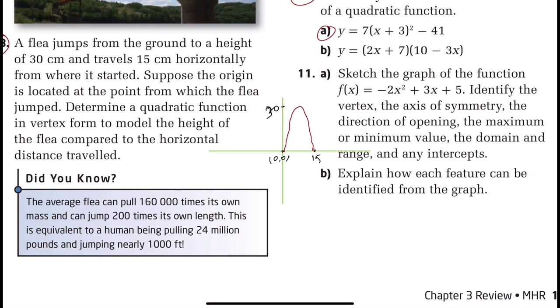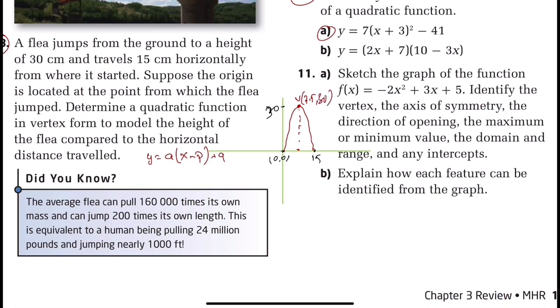So my equation will be like this: y = a(x - p)² + q. And my vertex, so this is the vertex, what point is it at? x is 7.5, which is half of this, and y is 30.